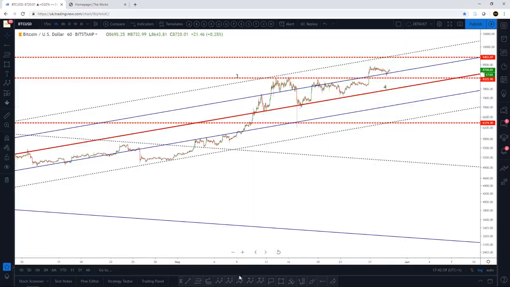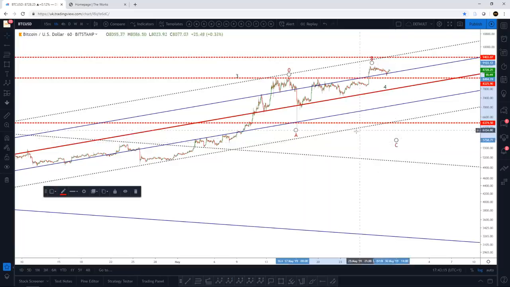Let's label it first so it's a bit clearer, just for those that aren't so good with Elliott wave. This is our first 3 waves down to make A, and there's an argument that this is 3 waves up to make B, and then we're going to see our move down.